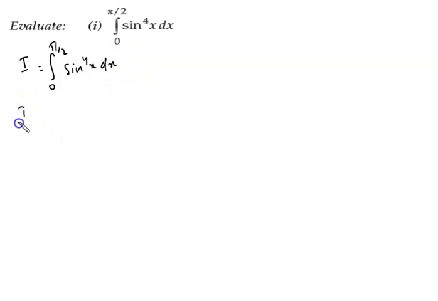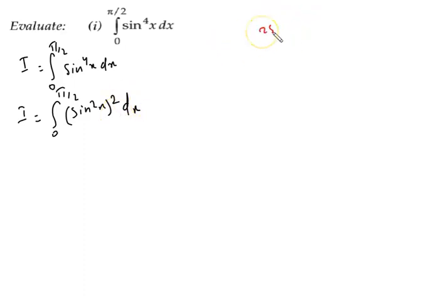So we can write it as the integral from 0 to pi by 2 of (sin square x) whole square dx. Are you getting my points guys? Now we can apply one formula.